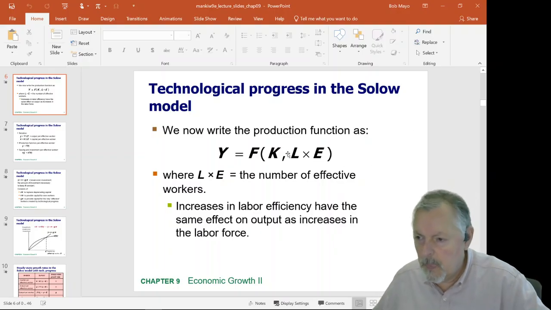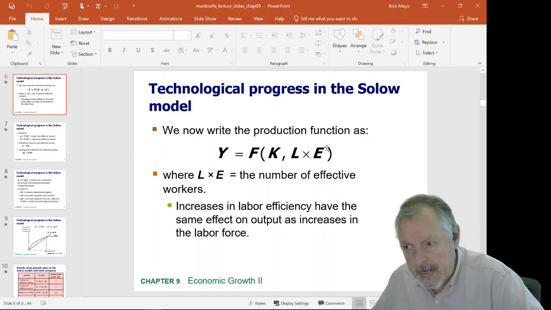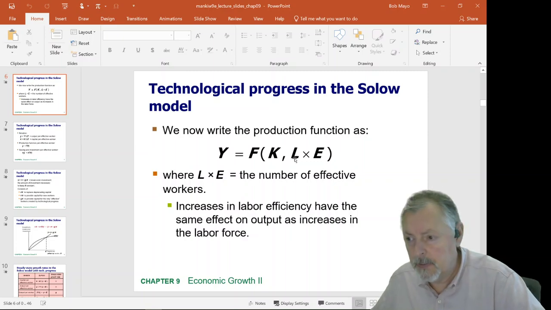Here, production was, in these models, a function of total capital: total output, a function of how much capital you have and how much labor you have. Now we're adding this term, E, how effective these workers are, their quality, essentially. So this is the number of workers times how effective they each are.